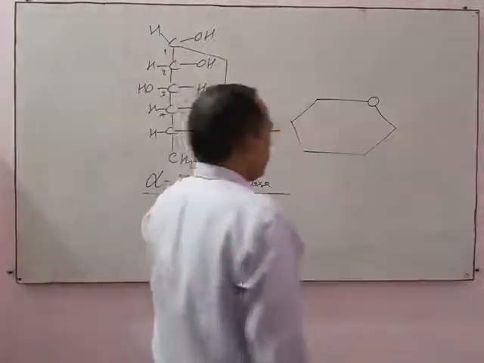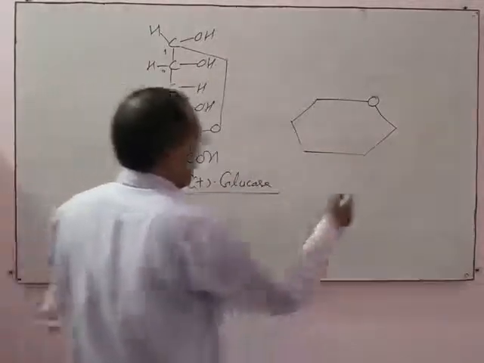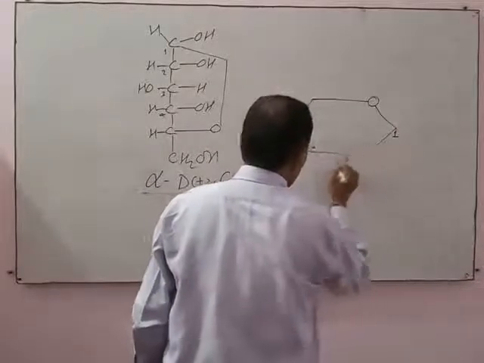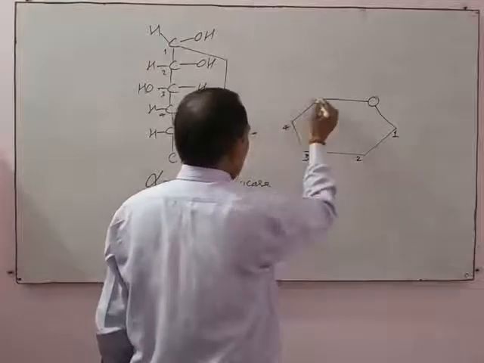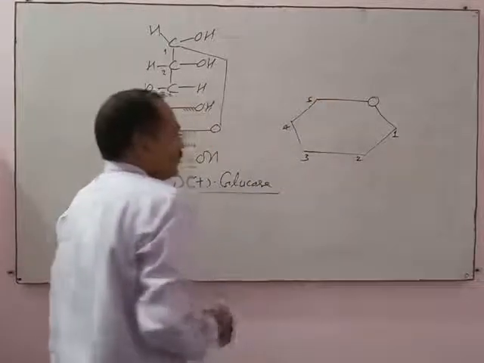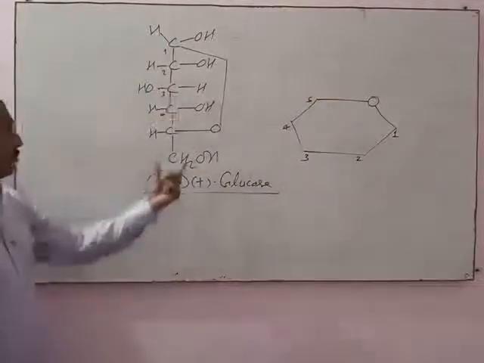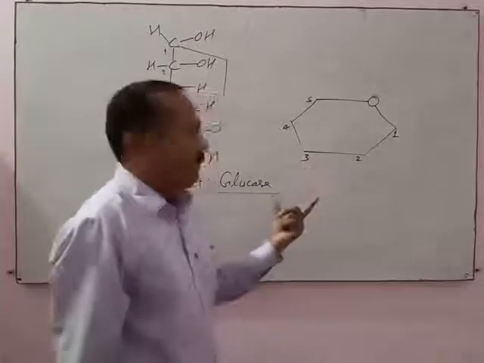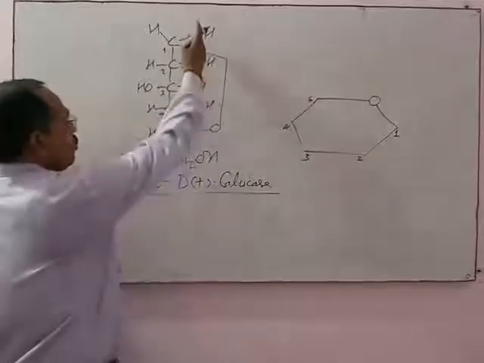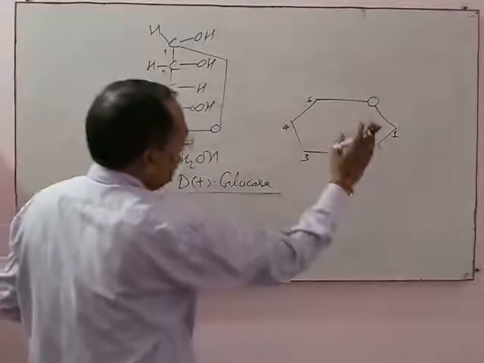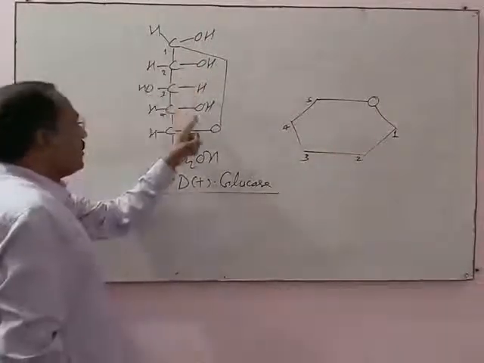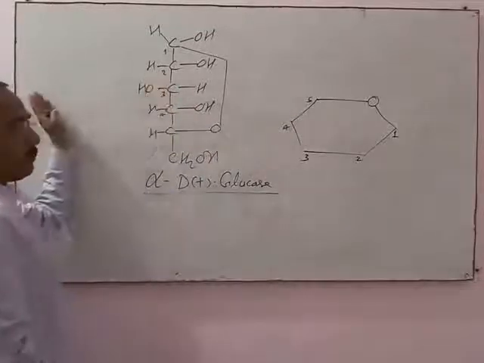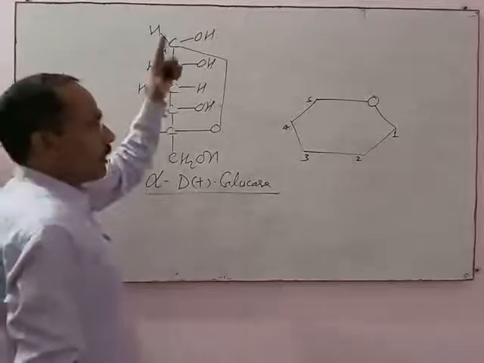In the pyran ring, numbering of carbon atoms 1, 2, 3, 4, 5. When Fischer projection formula is converted to Haworth formula, then all the groups present on the right side are written below the ring, and the groups present on the left side are written above the ring.